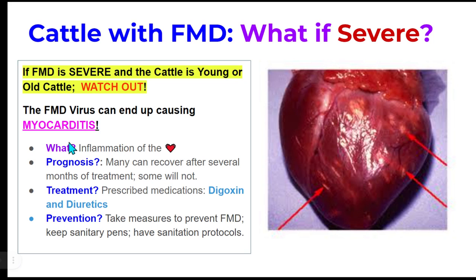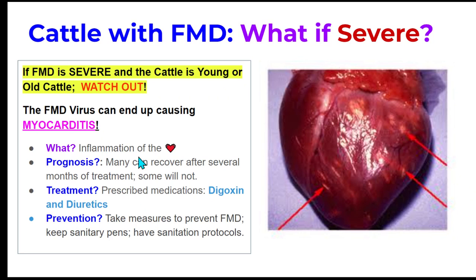Well, let's think about part of that word, myocarditis. C-A-R-D, card. Cardio, what's cardio? When you do cardio exercise, what are you working out? Well, that is a picture of a cow's heart, and there are some certain areas being pointed out that are of concern.